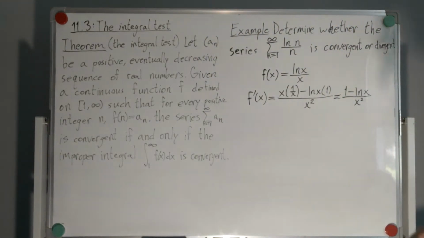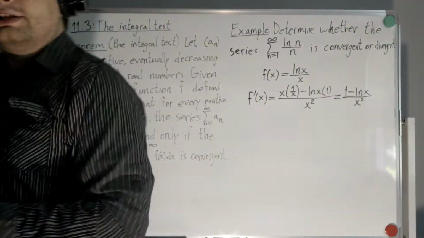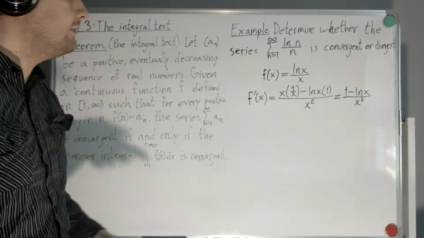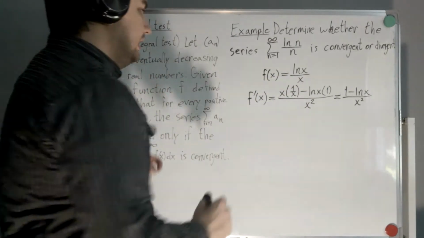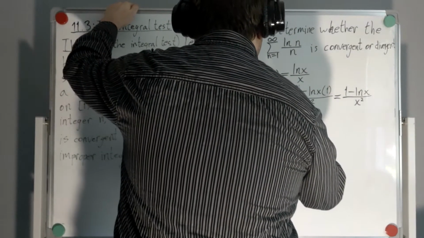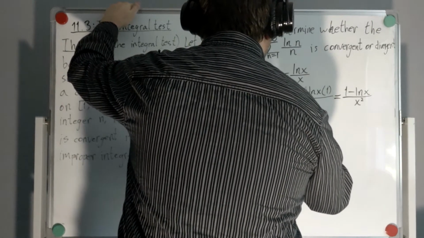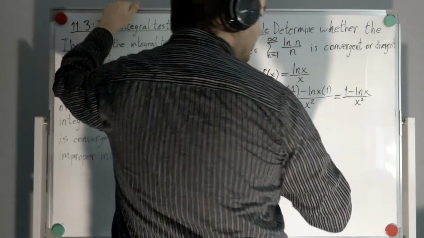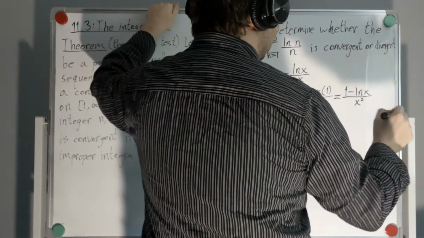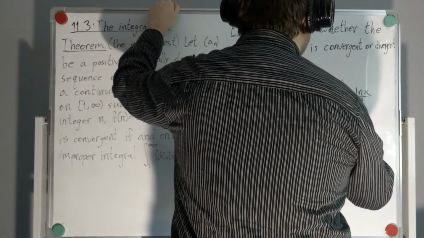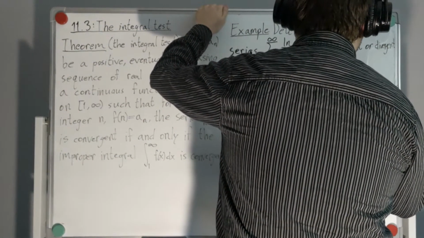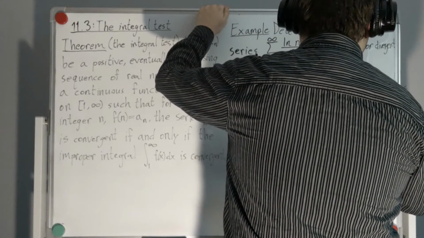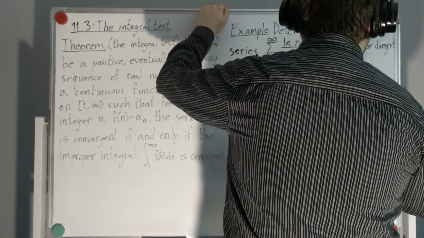Now, this derivative is negative if and only if 1 minus ln x is negative. Okay, so this is negative if 1 minus ln x is less than 0, or in other words, 1 is less than ln x. And by the way, 1 is less than ln x is the same thing as saying that x is larger than e.